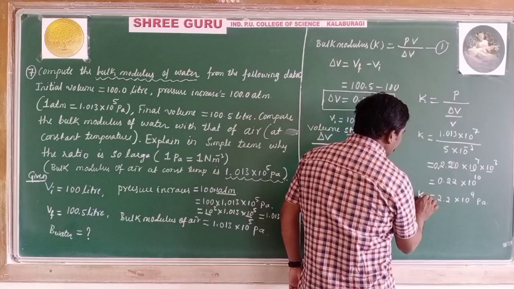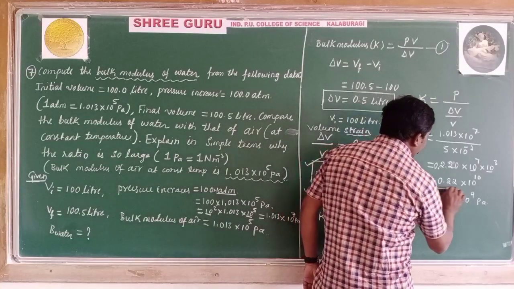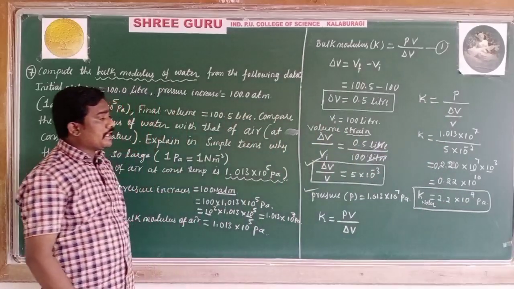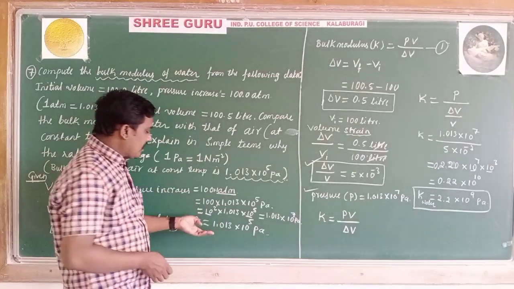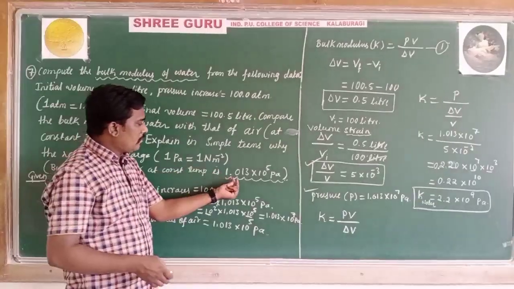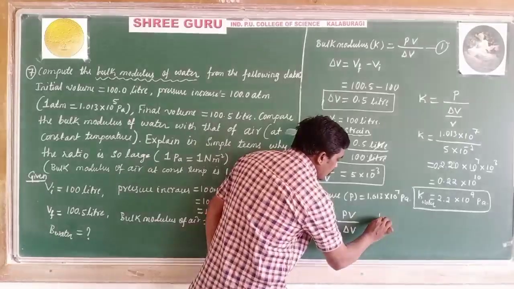And this is the bulk modulus of water. Bulk modulus of water is 2.2 into 10 to the power of 9 Pascal, and bulk modulus of air is 1.013 into 10 to the power of 5. Listen here.